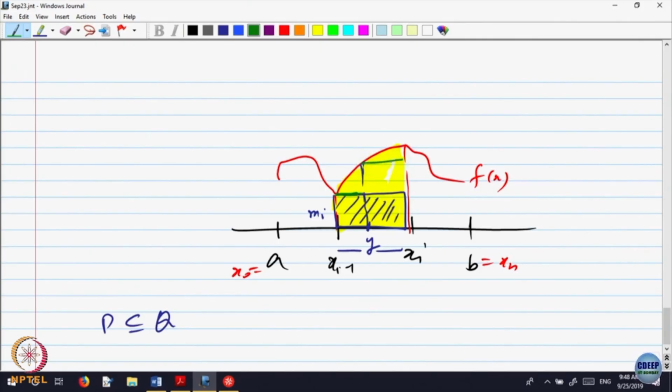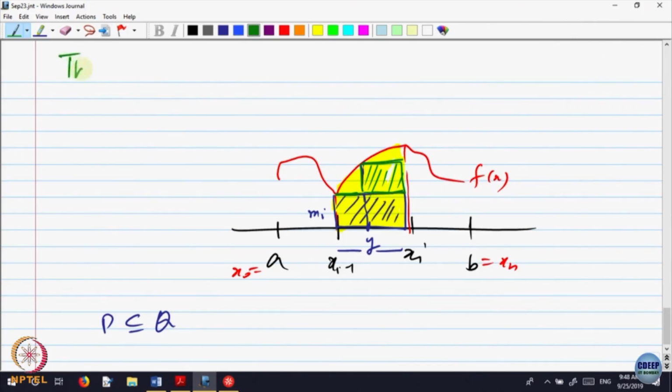So the contribution for the lower sum with respect to the new partition will give me an additional approximation, an additional rectangle, which will add up in the lower sums, right? So this picture tells me that the lower sums tend to increase if I refine the partition.